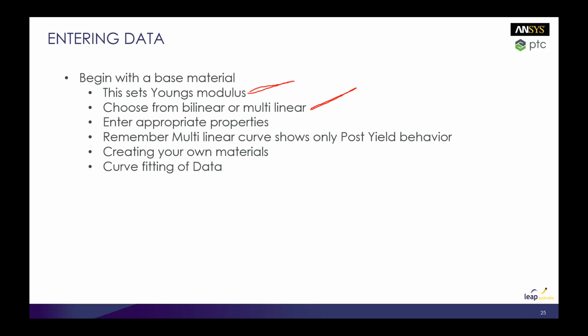The multilinear curve just displays the post-yield behaviour in the graph. So you can create your own materials here, and you can do a curve fit of your data. You do that outside of Workbench, say in Excel.